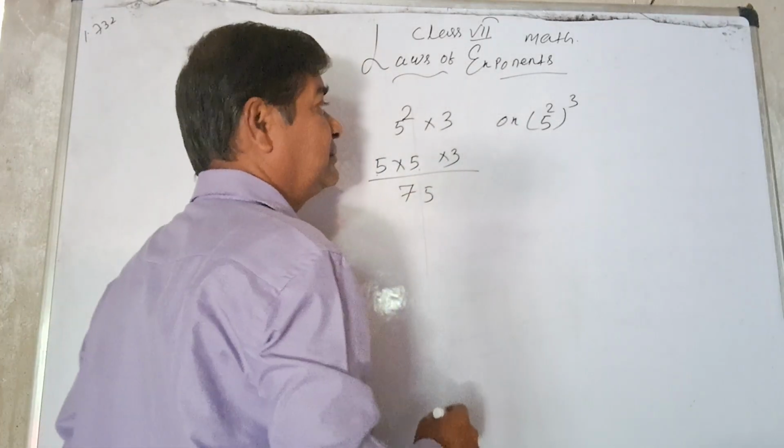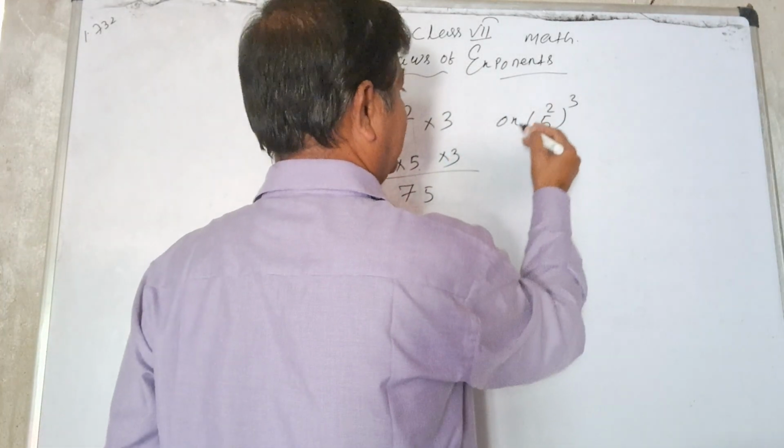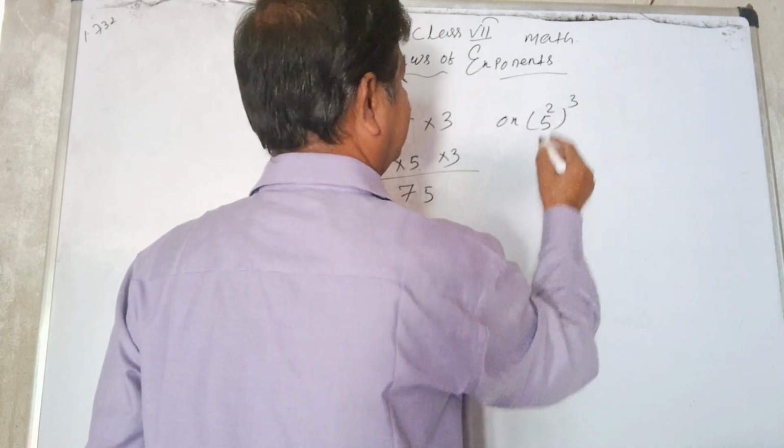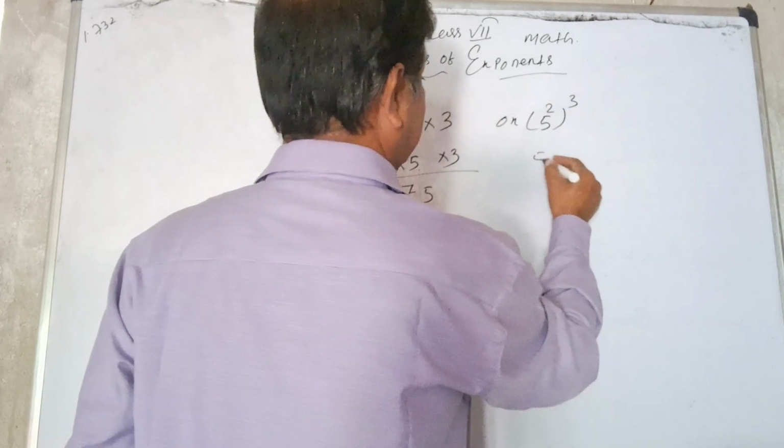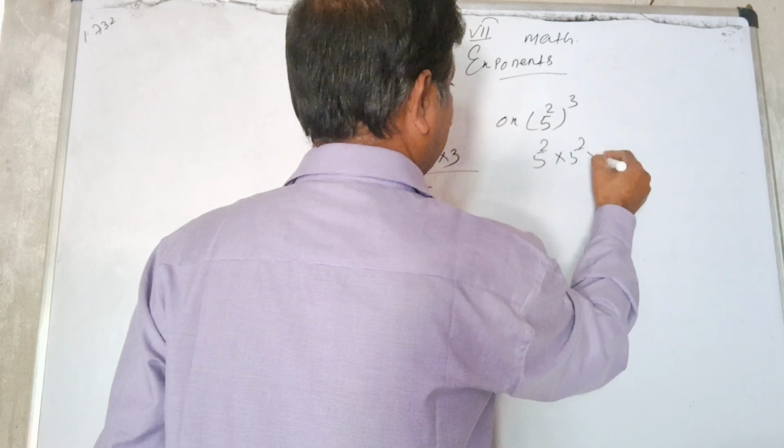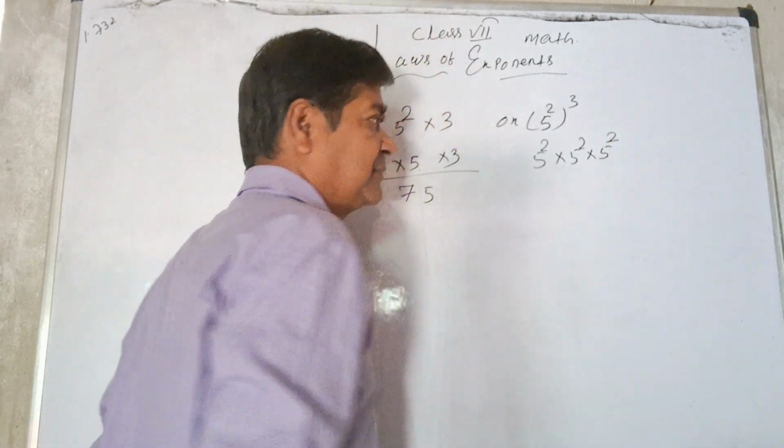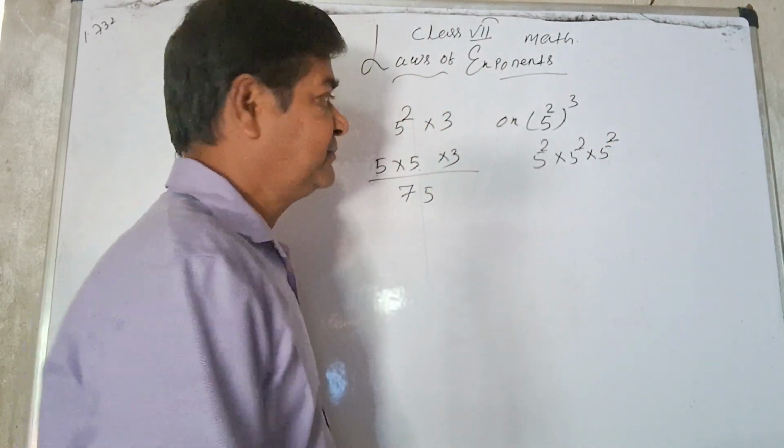But here, which is greater? 5 square whole to the power 3 means 5 square into 5 square into 5 square, 3 times 5 square.